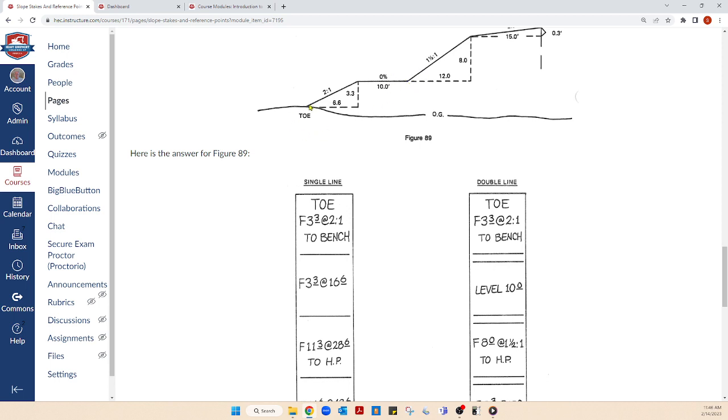Okay, so if we start over here, and don't think of it as a slope, think of it as a point that from here horizontally is 16.6. There's 6.6, there's 10 horizontally over to here, and up 3.3. So that puts us here at 3.3, which makes this level.